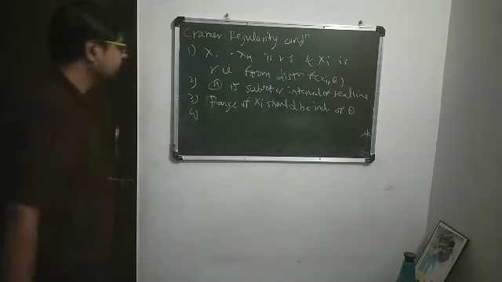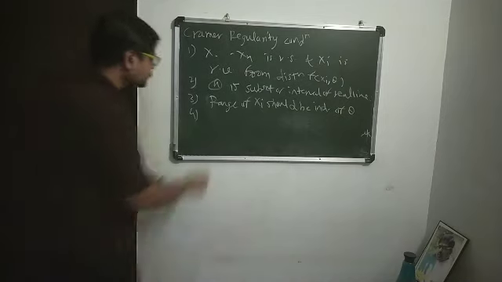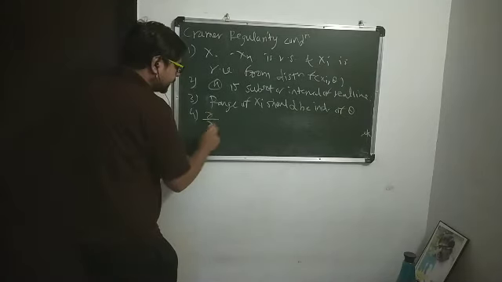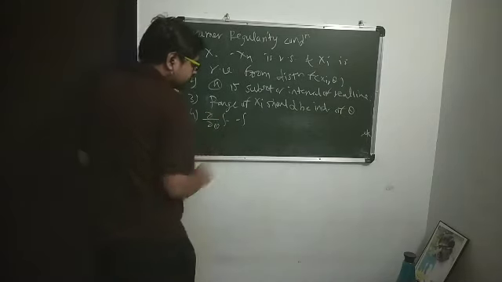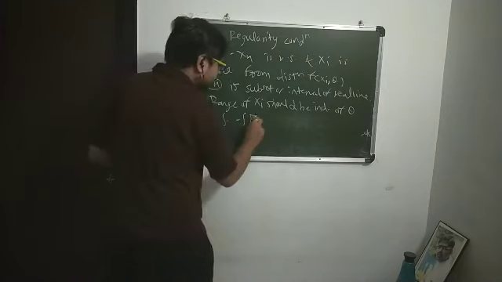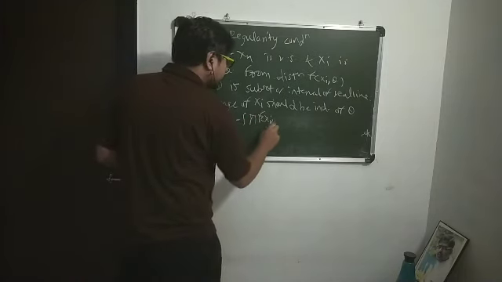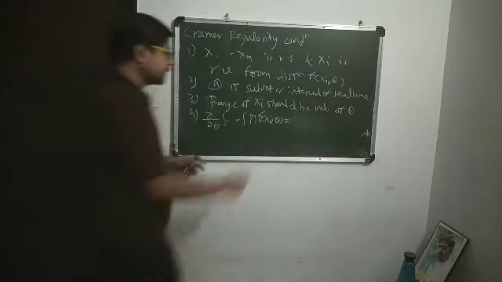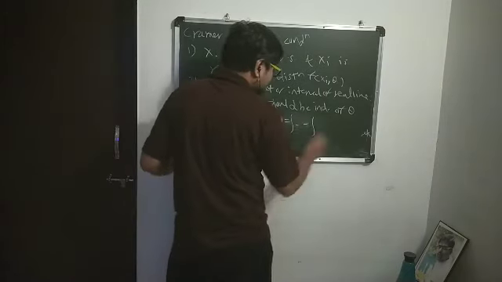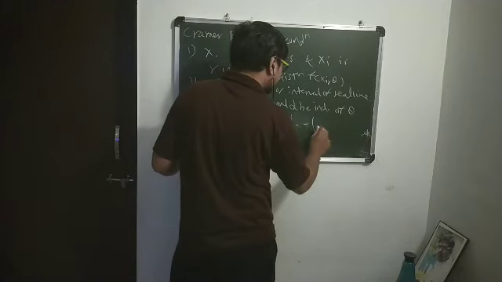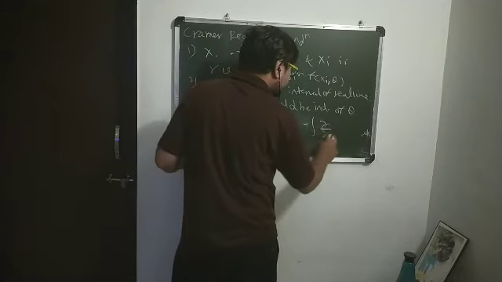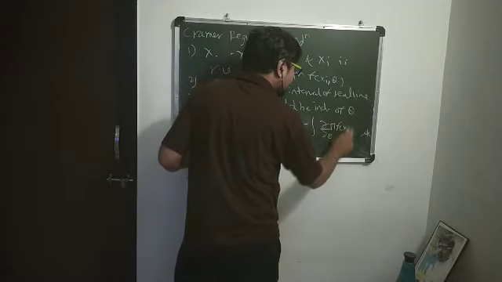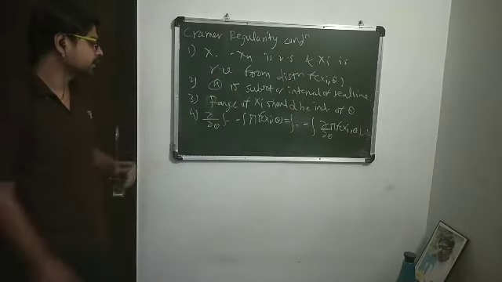Our next condition is that the derivative dou by dou theta of the integration of the product of f(xi; theta) can be written as the integration of dou by dou theta of the product of f(xi; theta). So here integration and derivative are interchangeable.